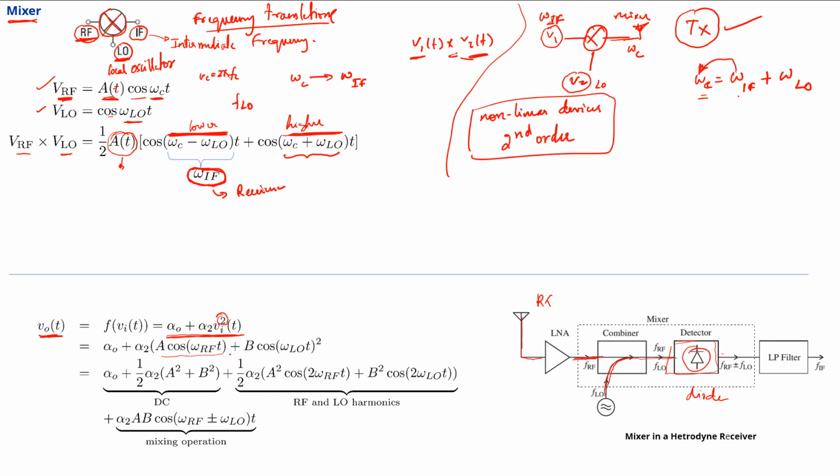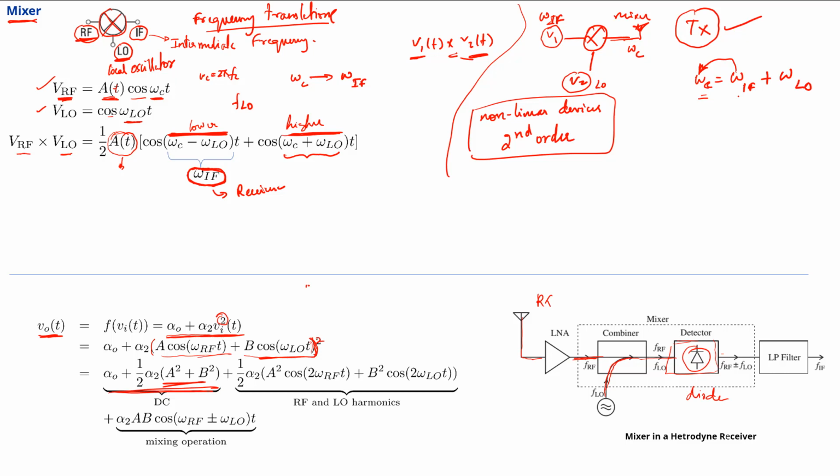Now that we have added the RF signal and the local oscillator signal, we are going to square the sum of these two, and that leads to multiple frequency components at the output. Of course, the first component is the DC component that does not depend on frequency.